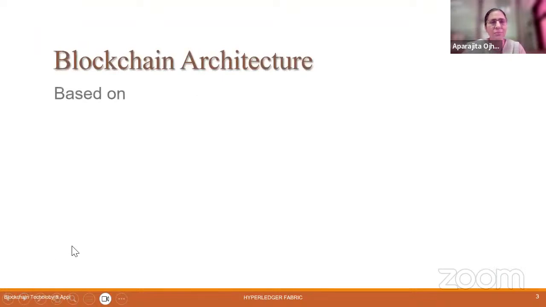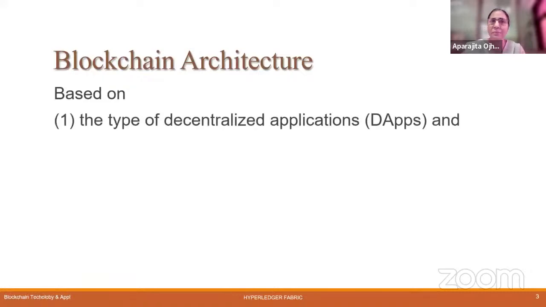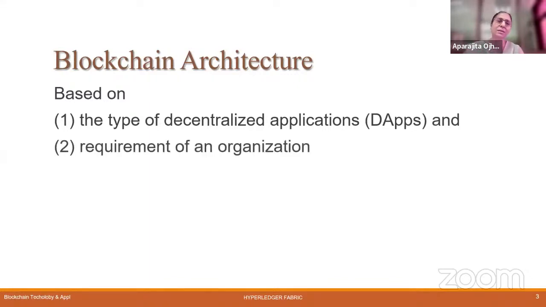If I look at the blockchain architecture, my dear friends, it is based on the type of decentralized applications, whether it is for healthcare, for mess services, for audit, or for pure cryptocurrency transactions, and on the requirement of an organization to have decentralized applications where they would like some kind of authority to be given to each individual.